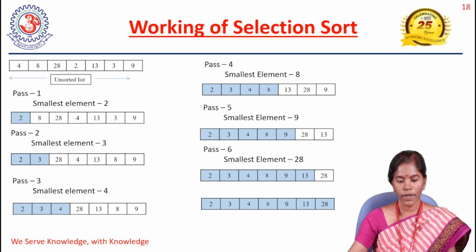We have 7 elements in the list, so the total number of passes required is only 6. If you have n elements, only n minus 1 passes are required to sort the entire list.